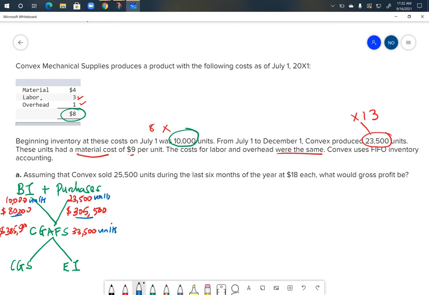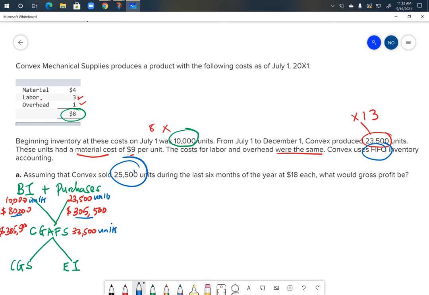Then we are told that in terms of sales, the company uses FIFO, which means first in, first out. So if they sold units, the 10,000 have to go first before they can sell from the 23,500 units. In this example, assume the company sold 25,500 units during the last 6 months at $18.